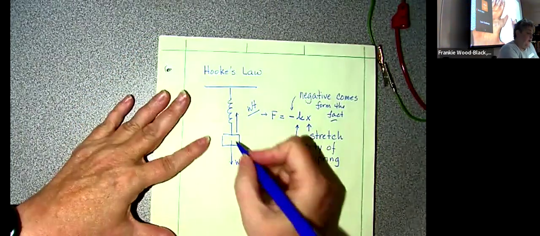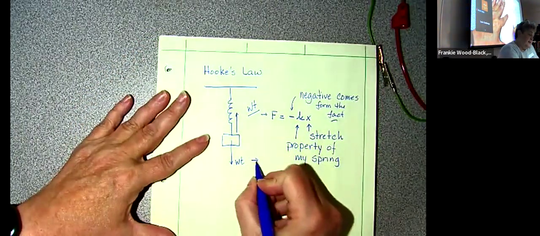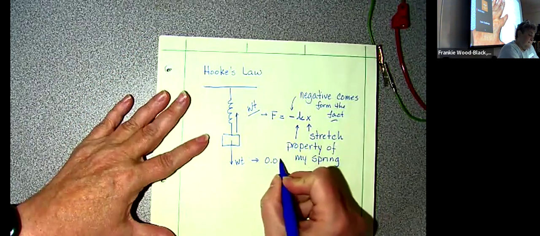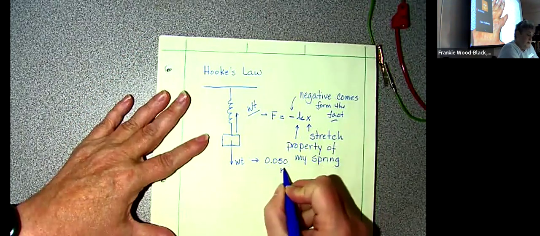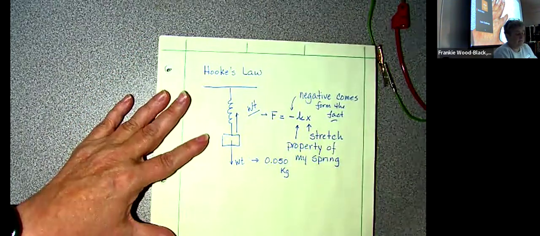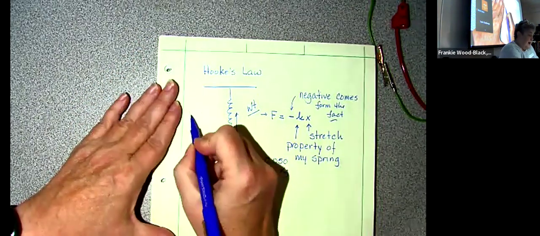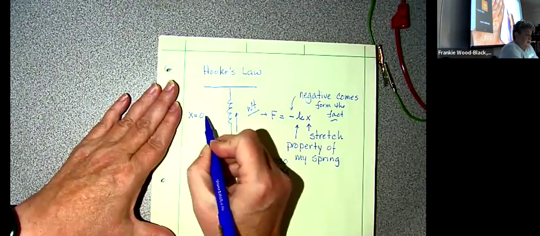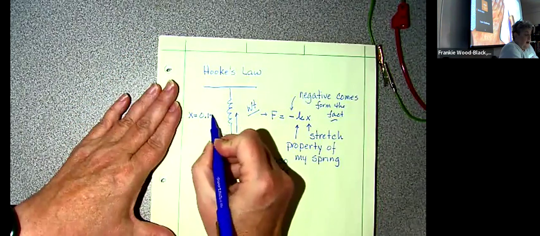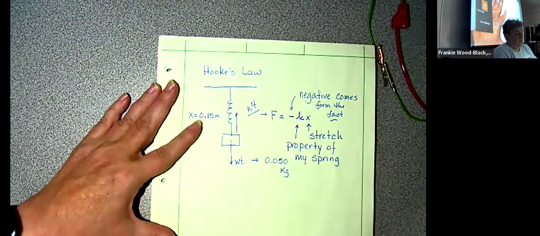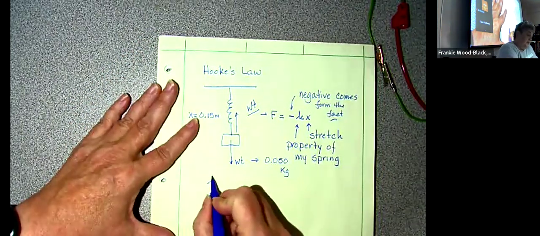So if we put a weight on here and we say that this is a 50-gram weight or 0.05 kilograms, and we say that my stretch is 0.15 meters, we can determine my spring constant.